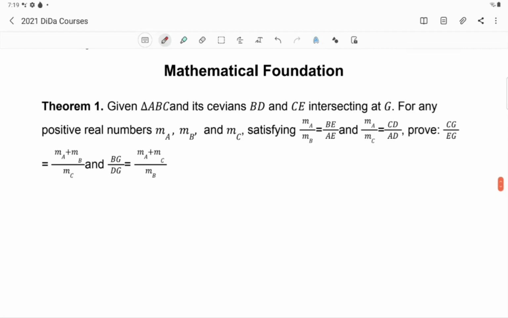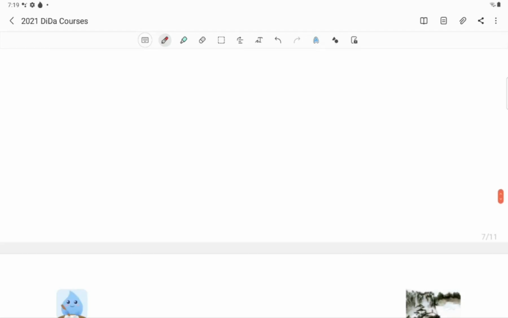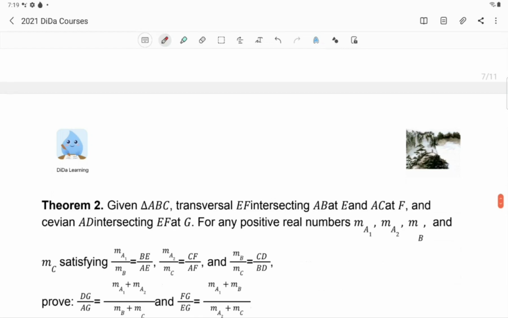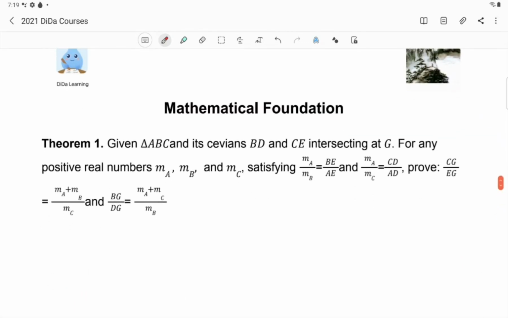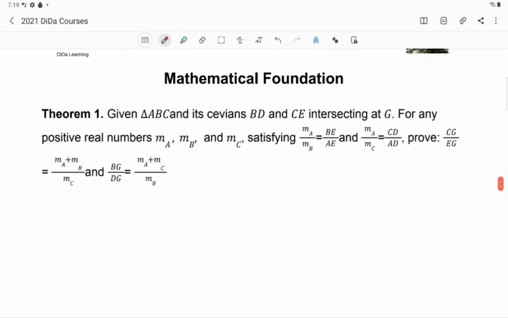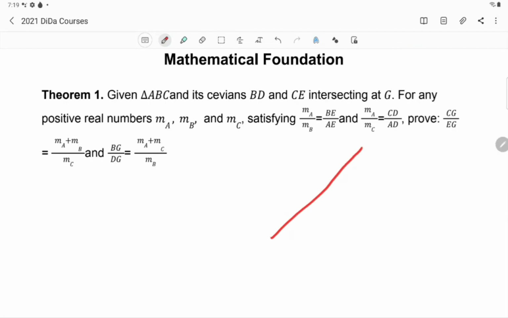So that's why I dove into discovering, not really discovering, formulating, these two theorems, to basically make the mass point geometry method, quote unquote, sound, at least to some people. So the first theorem really deals with two cevians intersecting inside the triangle ABC.